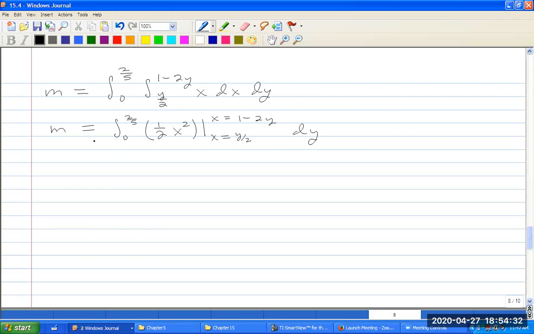Okay, so let's just plug this in. The integral from 0 to 2/5 of 1/2 times (1 minus 2y) squared minus 1/2 times (y over 2) squared dy. Let's simplify this.